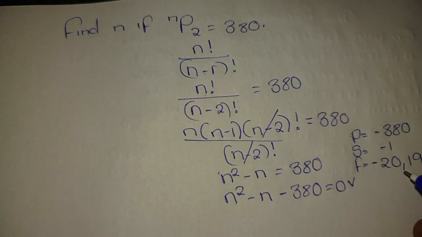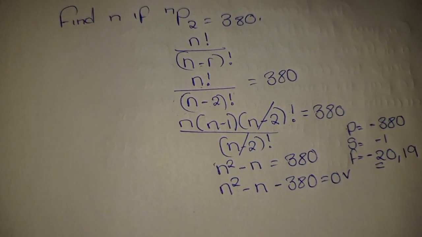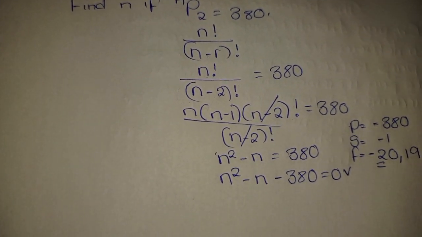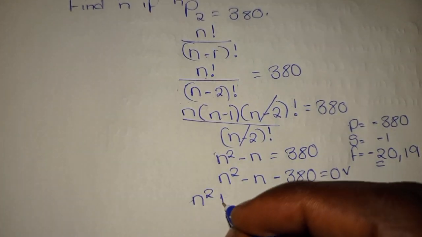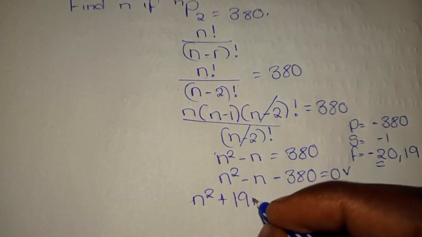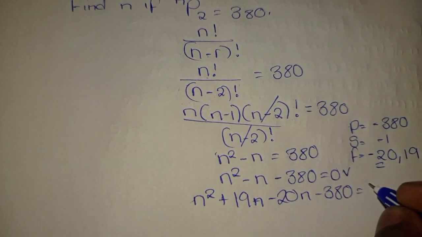So we now get the two factors and replace them on the n value to be able to find the value for n. So we say n squared plus 19n minus 20n minus 380 is equal to 0.